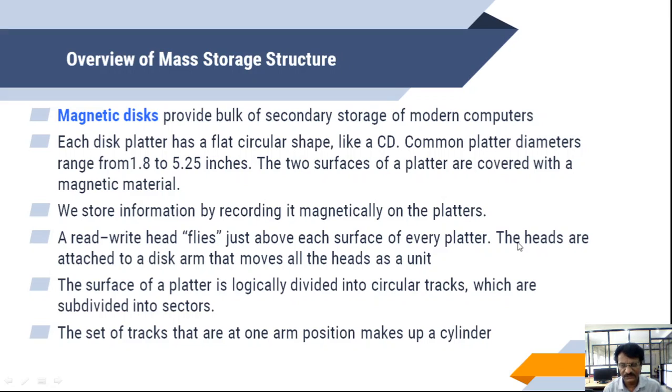In this, we are going to discuss what a magnetic disk is and what its attributes or characteristics are, such as the capacity. Now, what is this magnetic disk? The magnetic disk provides the bulk of secondary storage of today's modern systems.